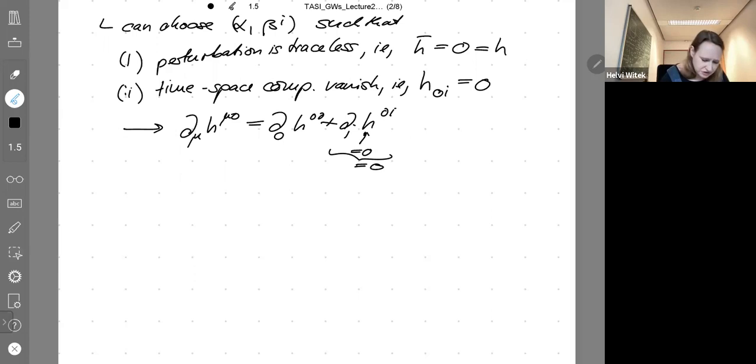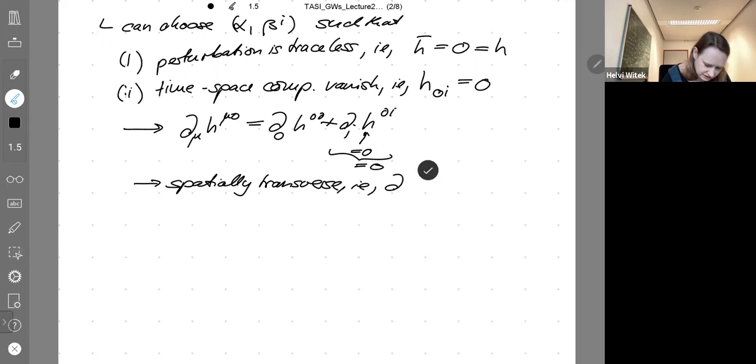So this first part here indicates that our perturbation is spatially transverse, and what I mean by that is precisely that the divergence of h0i, summed over i, equals 0.